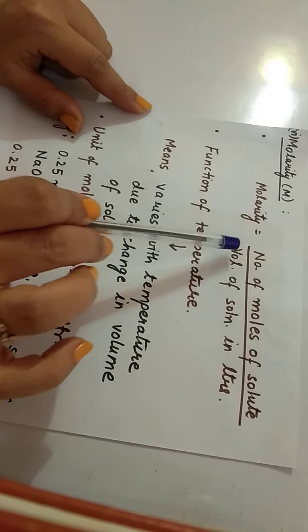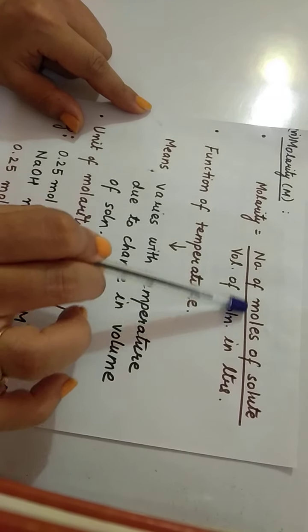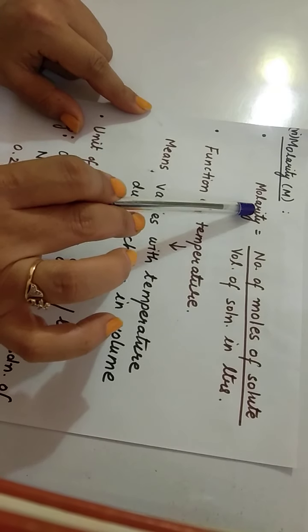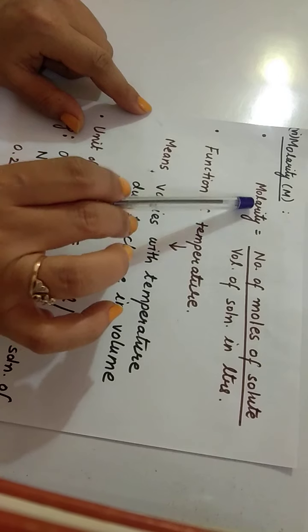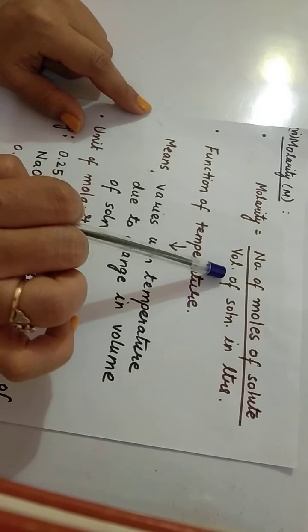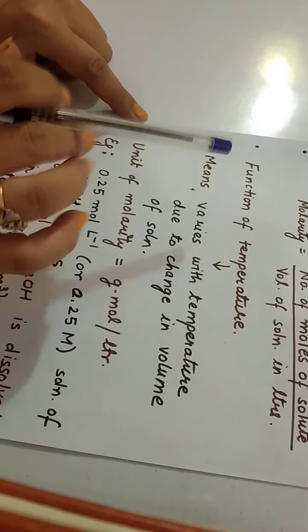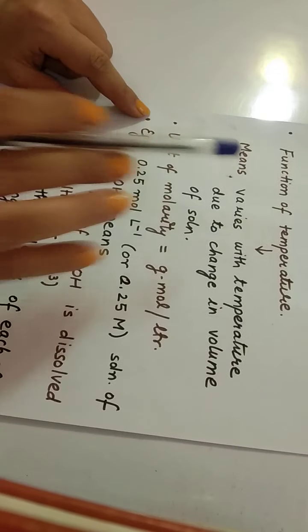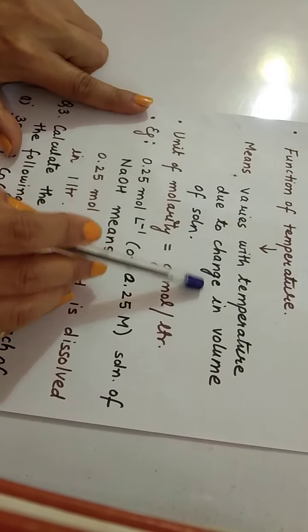So when for any solution with a change in temperature, the volume of solution changes, then the value of molarity will also change, because in the formula for molarity, we have volume of solution. So therefore molarity is a function of temperature, which means that it varies with temperature due to change in volume of solution.